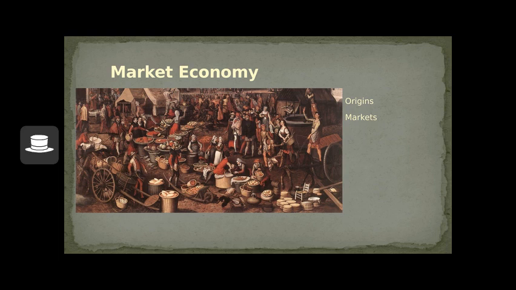And so this is really what a market is all about. It's a place where you exchange. You come with a surplus of things that you're willing to part with, and you get things that you want or need. All right.